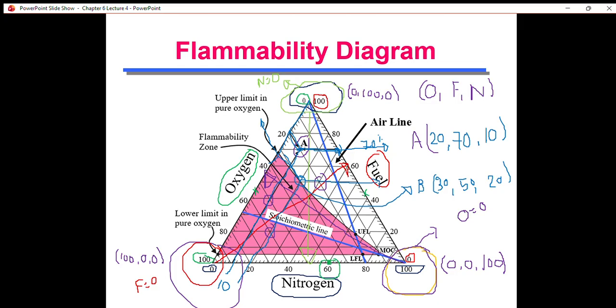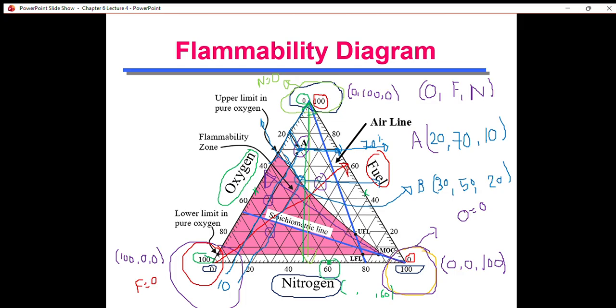So let's come to this point. I'm reading at the nitrogen, so let me stick to the same value. Nitrogen is 60%. Now this element of nitrogen is opposite to this point, where this point has 100% of fuel.